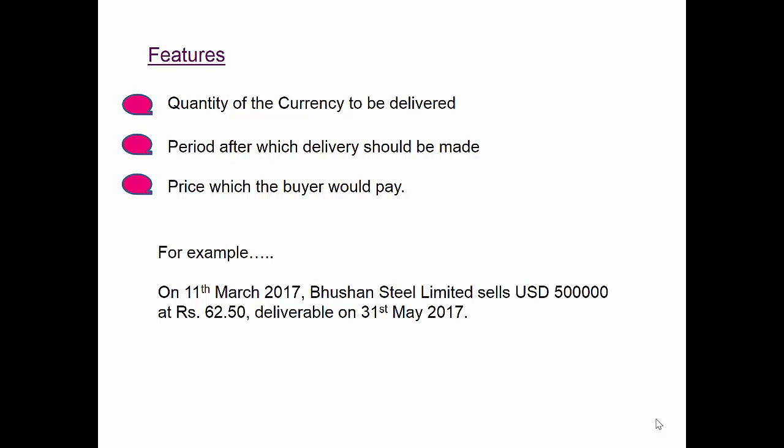For example, on 11th of March 2017, Bhushan Steel Limited sells 500,000 US dollars at rupees 62.5, deliverable on 31st May 2017. So the date, the price, the quantity and the currency, US dollar, are specified.